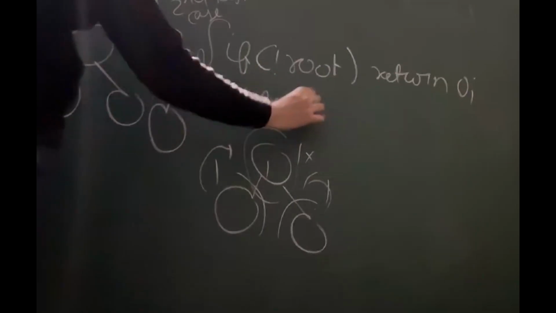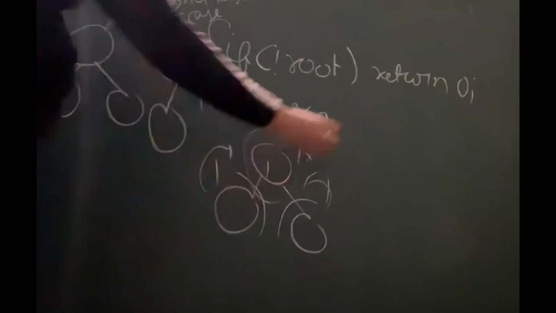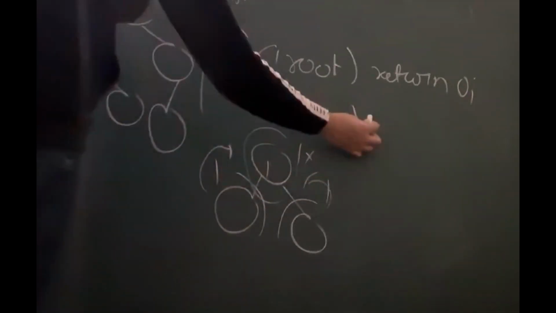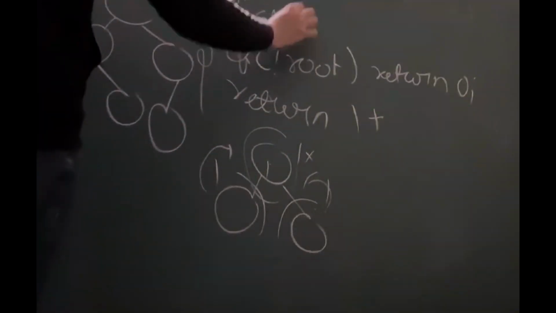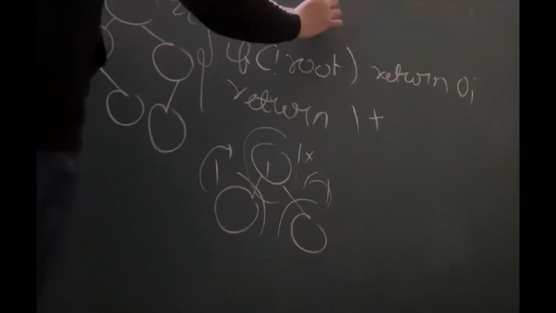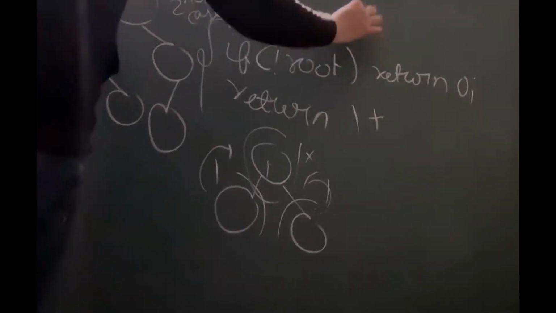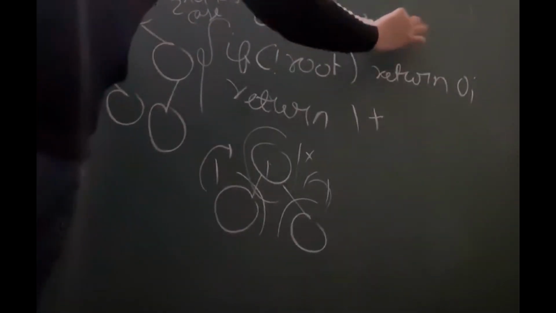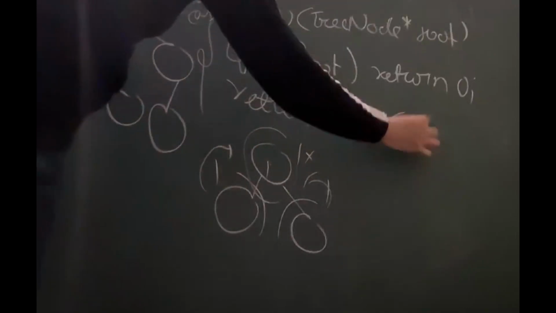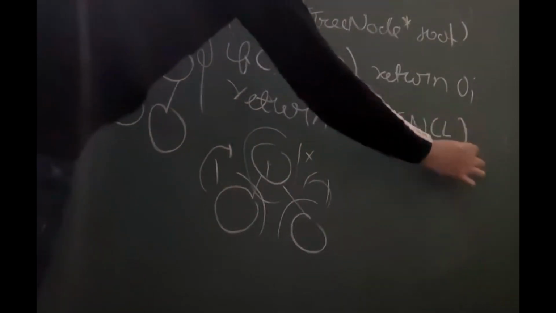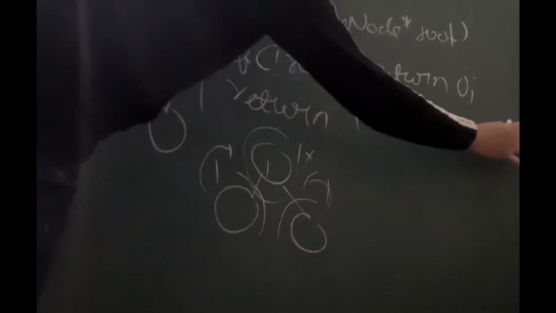So we will write here return 1 for the root node plus, let's say our function is countNodes with a TreeNode pointer root. Okay, so we will pass our left children and then call it again to pass our right children.